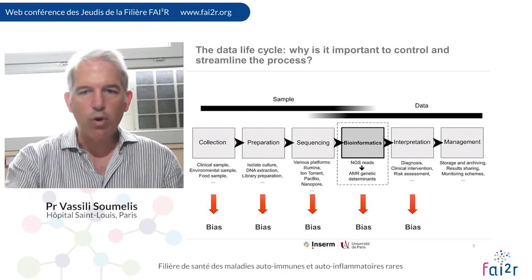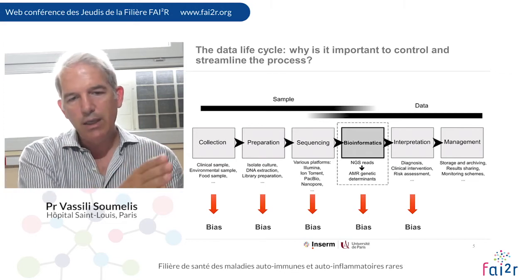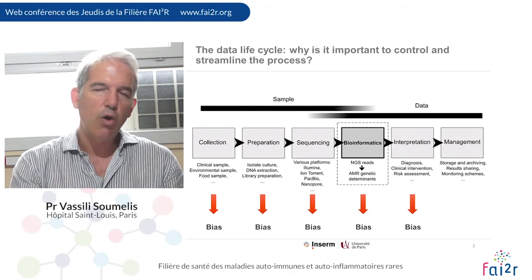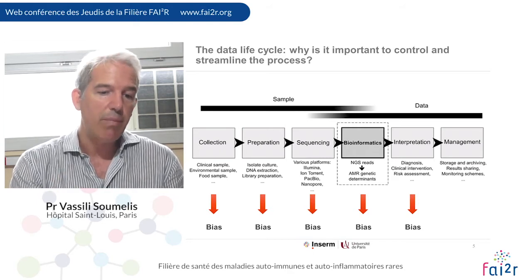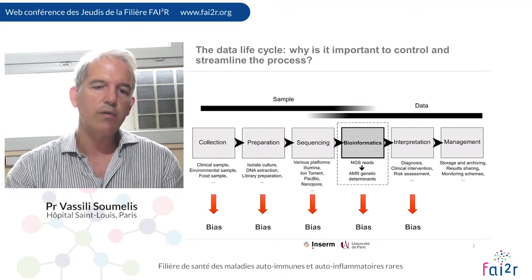So why is it so important to control and streamline that process? Well, it's because at each one of those steps there is the possibility of bias, and it's not only a possibility, there are biases that are intrinsically contained in each one of those steps.